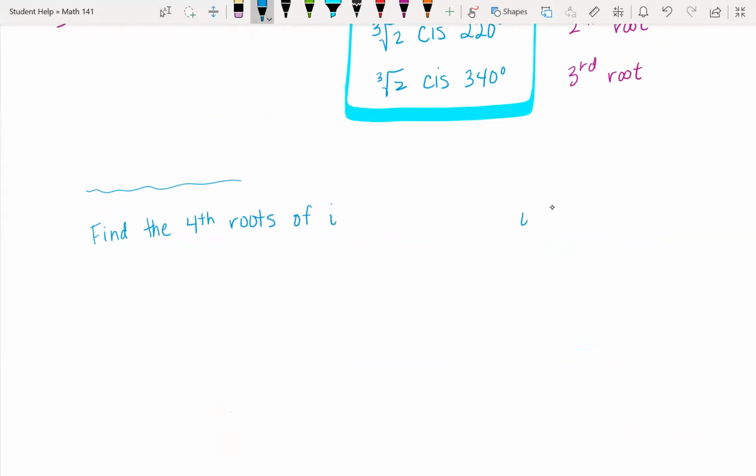So we're trying to find i to the 1/4 power. We know that these roots are all going to be 90 degrees apart, right? They'll be spaced by 90 degrees.